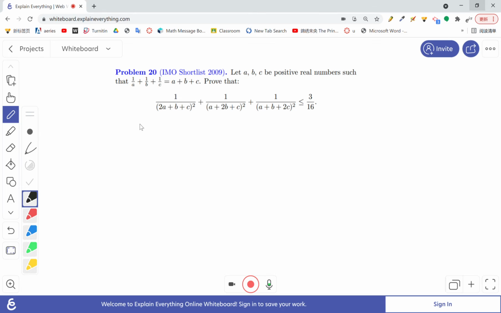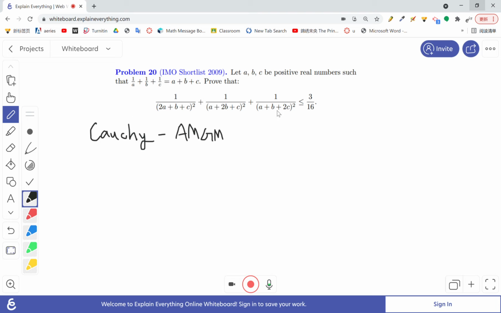So the only things I'm going to use are Cauchy and AM-GM. That's not one theorem, it's just the Cauchy inequality and the AM-GM inequality. We're not using Hölder because this is not weighted and there are no radicals, so we don't really need to get rid of any of them.